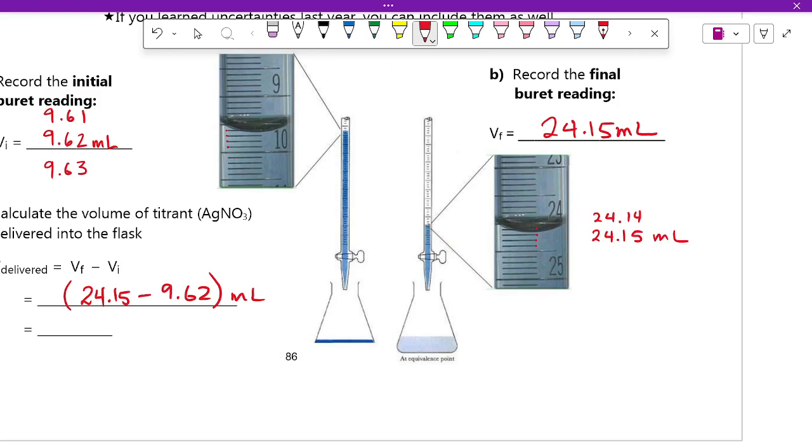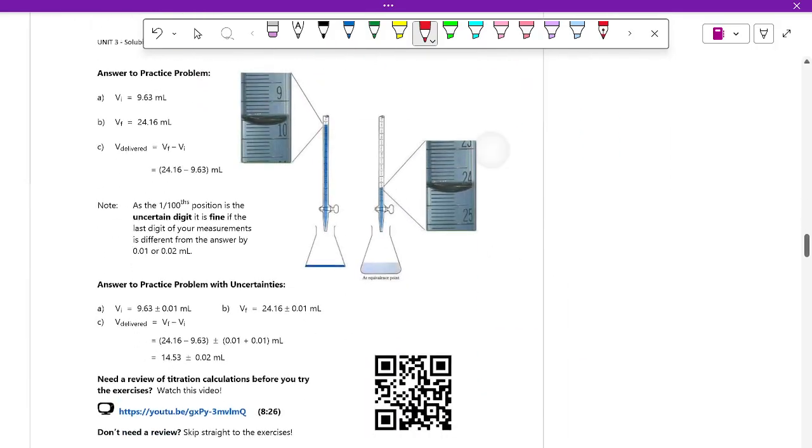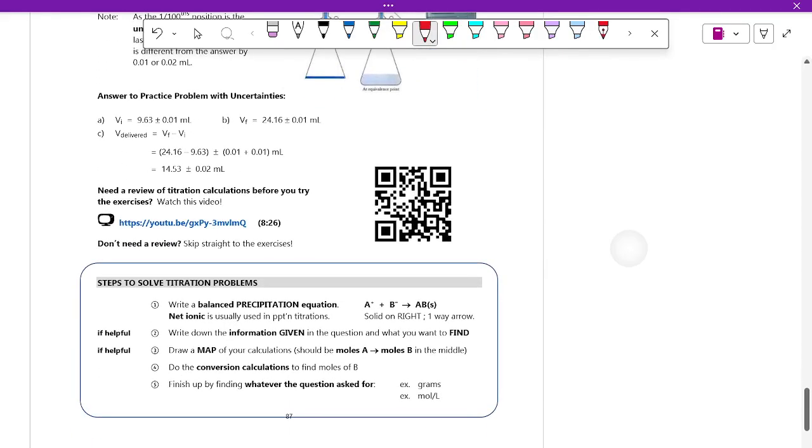And we would get 24.15 minus 9.62 equals 14.53 milliliters. Is that good? Okay, excellent. There's our answer to the practice problem. We're not going to worry about the uncertainties. You can just ignore that.